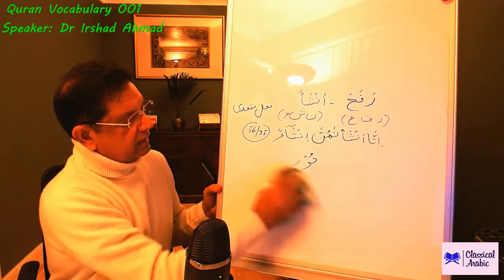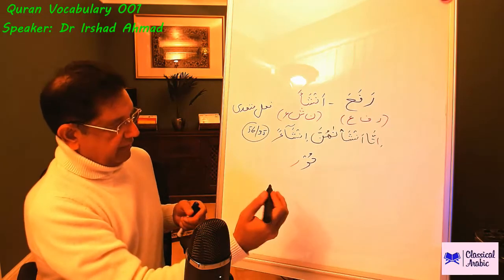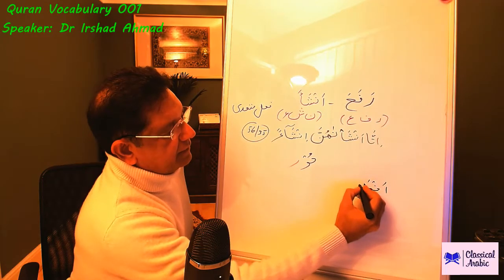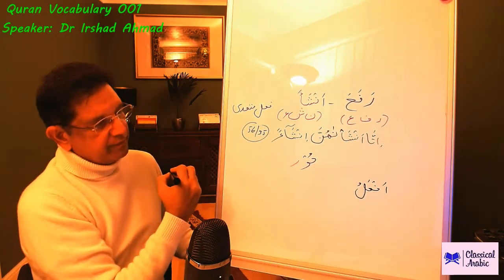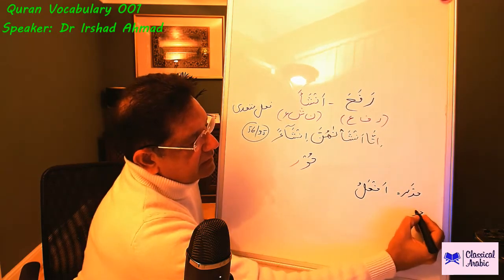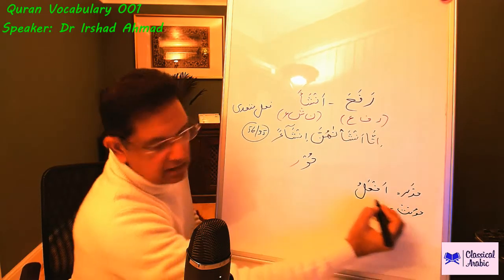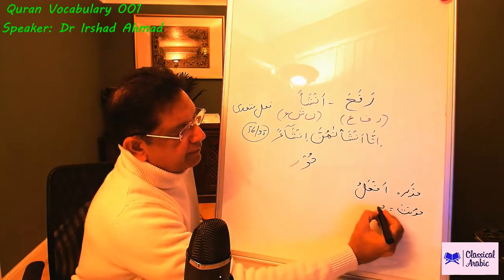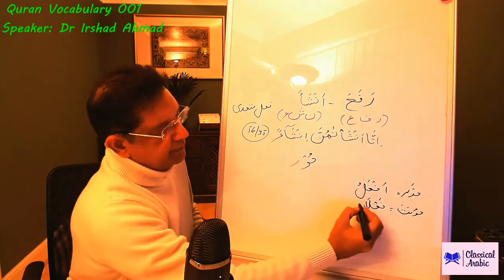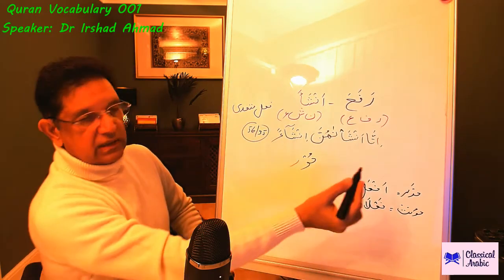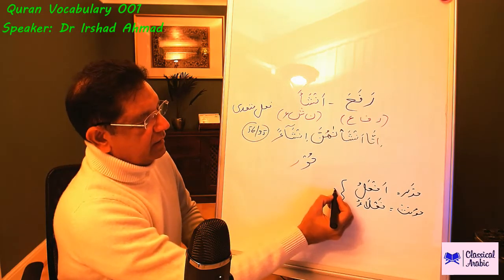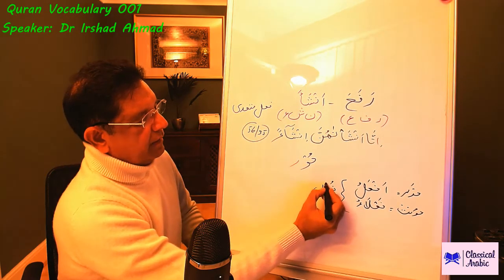Ism sifa af'alu. But that is for muzakkar. For mu'annas, for feminine, the pattern will be fa'la'u. And the plural of that, whether it is muzakkar or muannas, will be on the pattern of fu'lun.